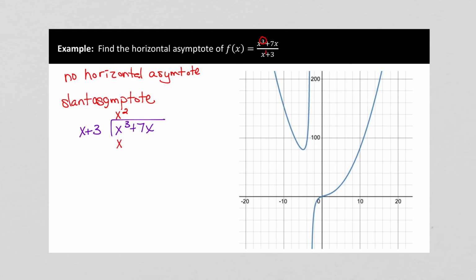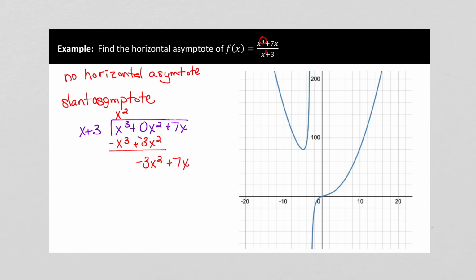X squared times x is x cubed, and x squared times 3 is 3x squared. And I forgot, I have to put a 0 x squared there. And then we subtract, so we have negative 3x squared. And I forgot to put back my plus 7x.